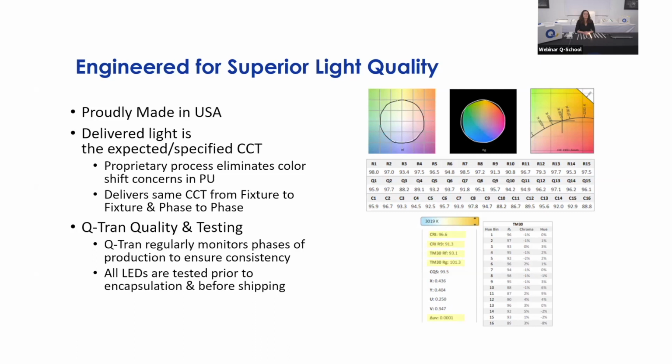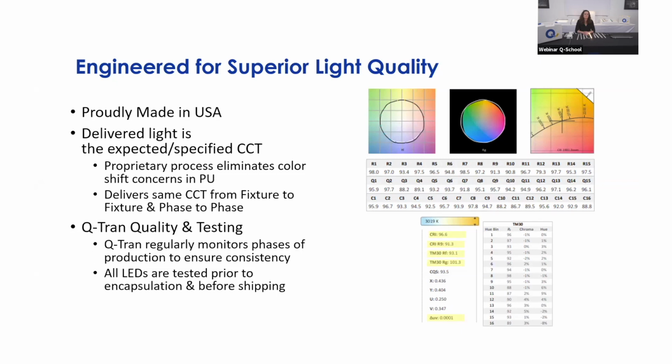QTran has developed our own proprietary process that eliminates the color shift associated with polyurethane and encapsulated fixtures. We know that polyurethane actually shifts and makes LEDs appear cooler by about 2 degrees on the black body curve. So with our proprietary process, we can eliminate you getting fixtures that don't meet your requirements, that aren't close to the black body curve, that might appear green because they're too far north.